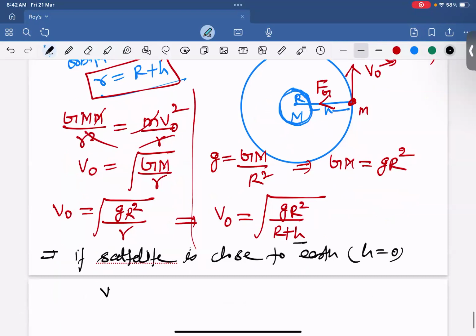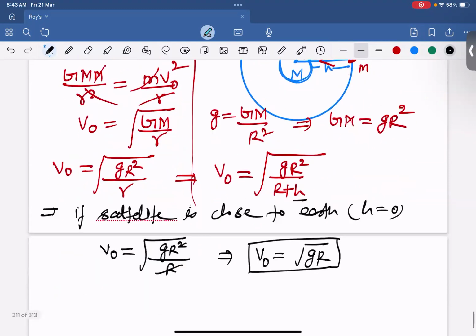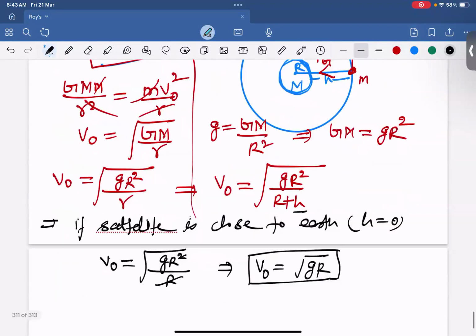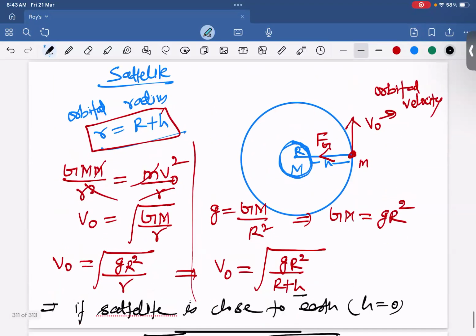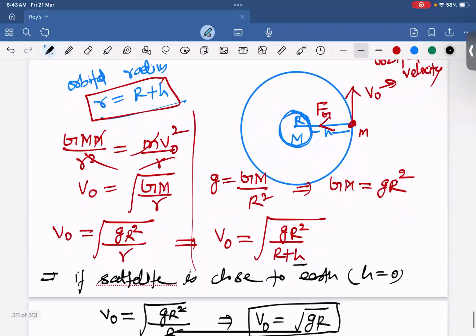So in that case, orbital velocity will be under root g R square by R, with R getting cancelled. So v naught is actually under root g R. Okay, clear? Clear. Please write it.